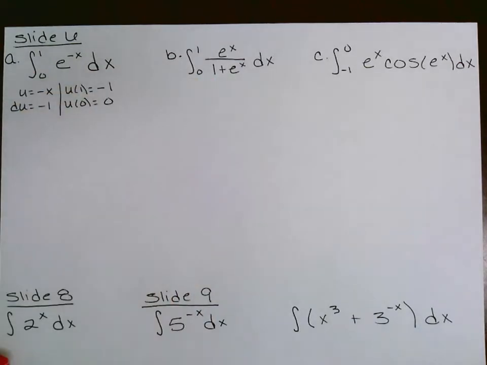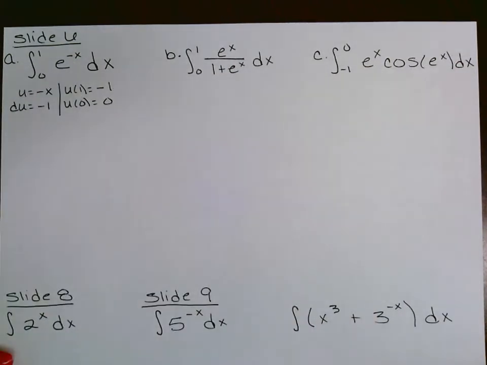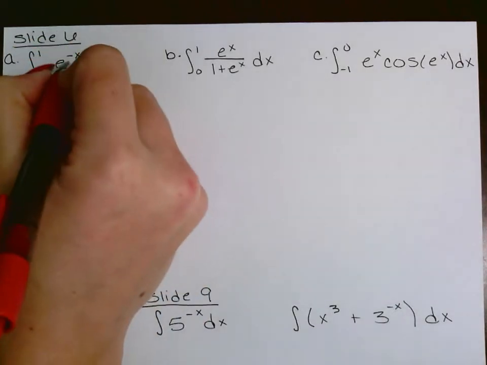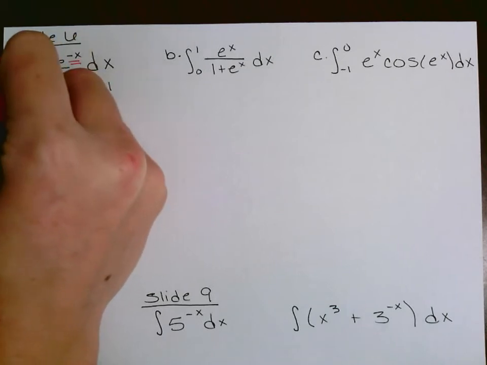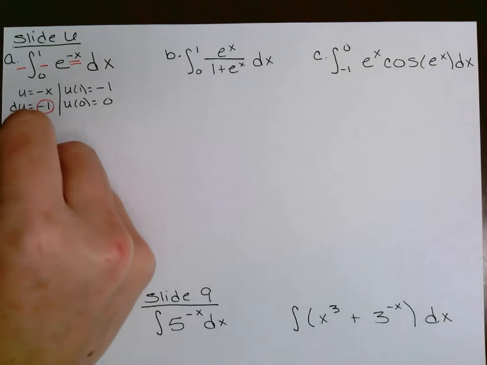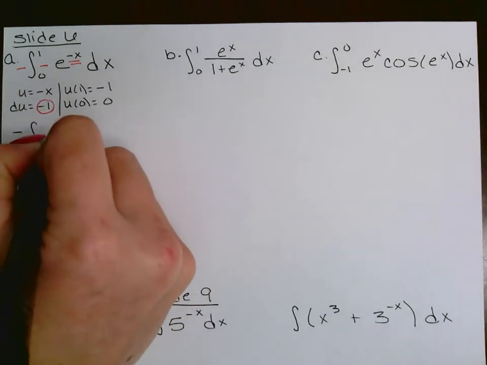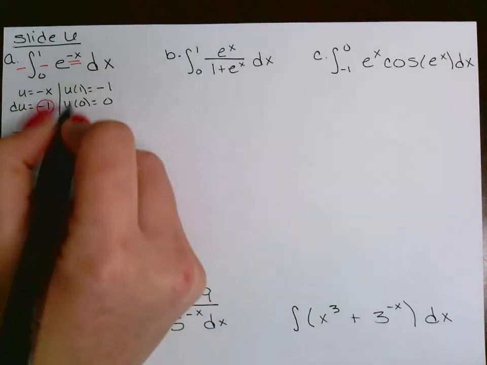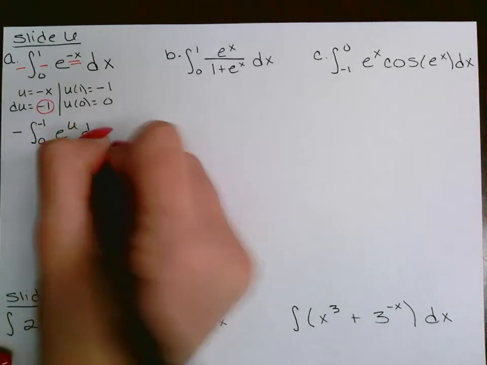So now, back to my u sub, I have the negative x there. Am I missing anything with my du? I'm missing, good. I'm missing this negative, so I have to put a negative and a negative. Okay? So drop that negative down. The integral from my new a to b, and then just e to the u, du.